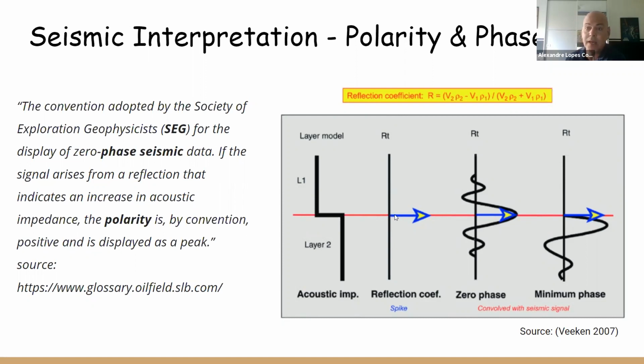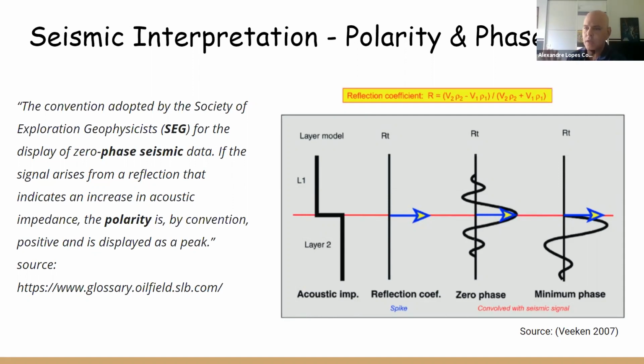If you have an increase of acoustic impedance, the reflection coefficient will be positive. That is the SEG standard polarity. When you have an increase of acoustic impedance, with a positive reflection coefficient, you have a hard kick, a peak.